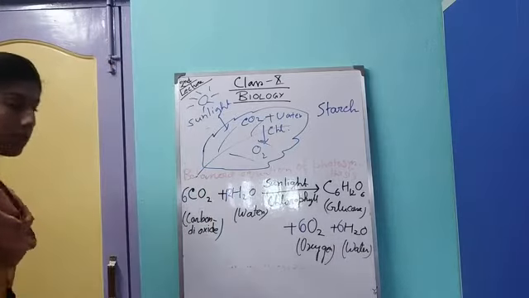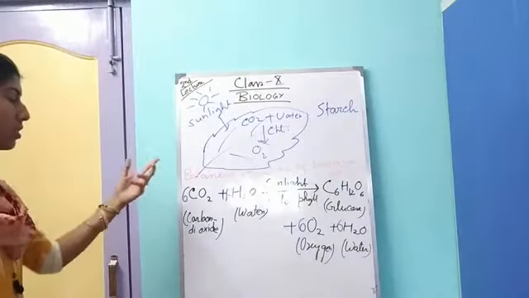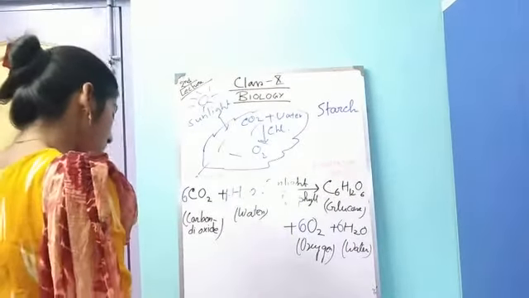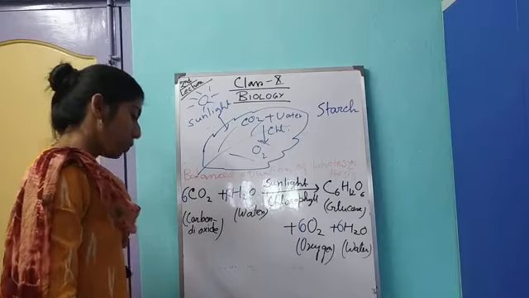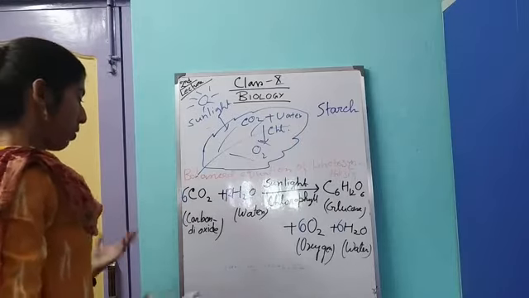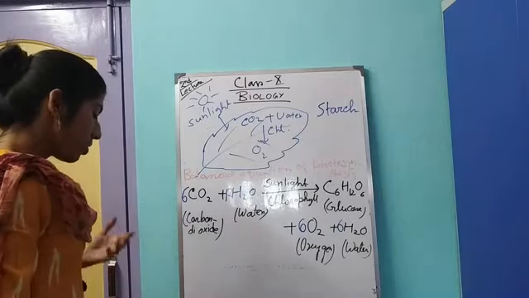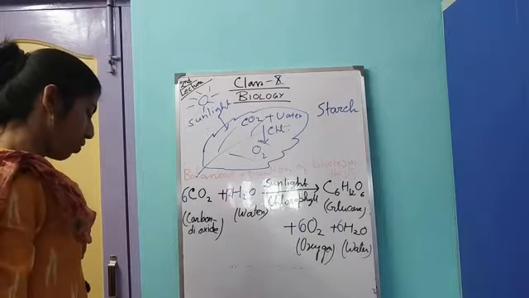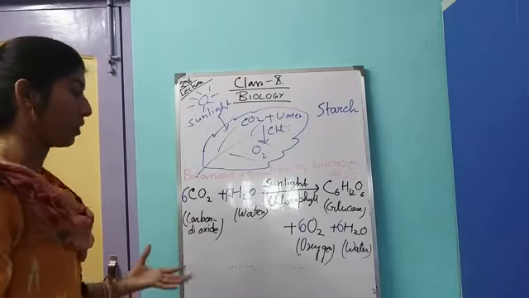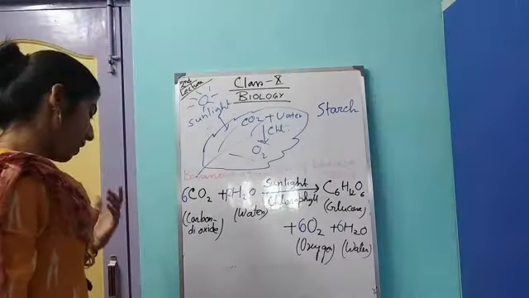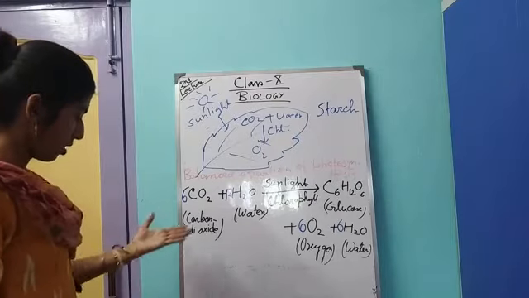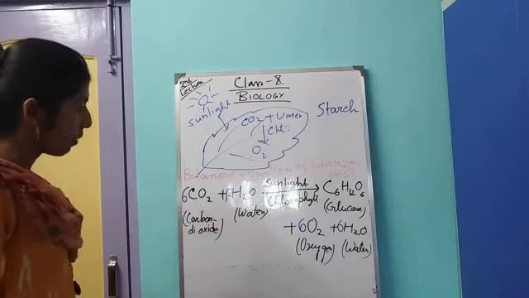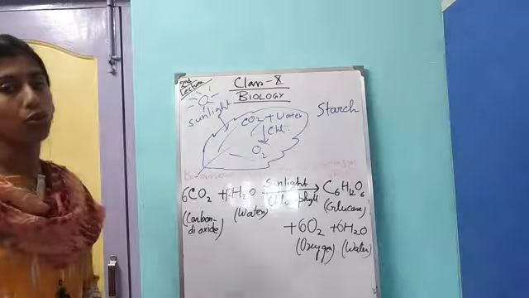So if someone asks you why photosynthesis is called a biochemical process, you need to answer that photosynthesis is a biochemical process because it manufactures organic food in the presence of carbon dioxide and water, with the help of solar energy and chlorophyll.